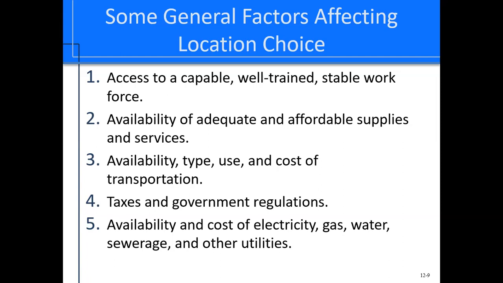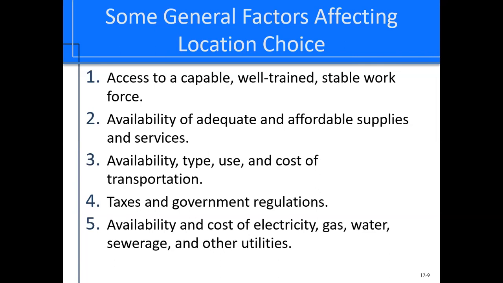Some of the factors affecting location choices: does the location provide enough workforce for you? Do you have a capable, well-trained, stable workforce at a certain location? And would you have availability of enough or affordable supplies and services?